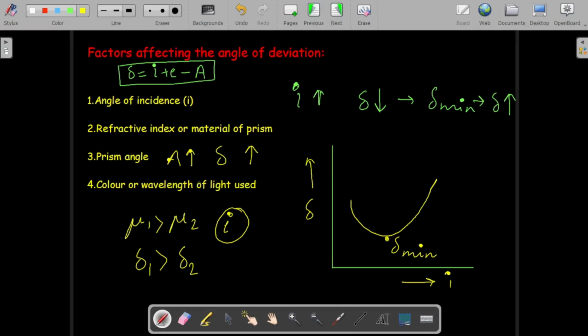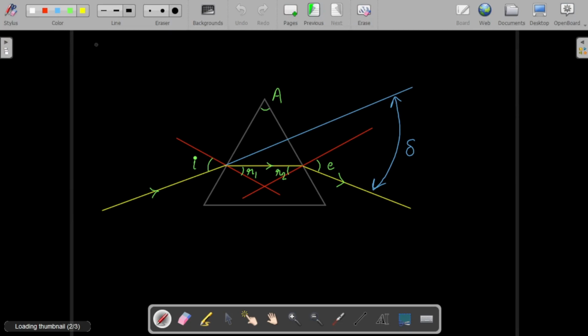And the last factor is the color or wavelength of light which we use for this phenomenon of refraction through a prism. We know that there is a relation between mu and lambda.